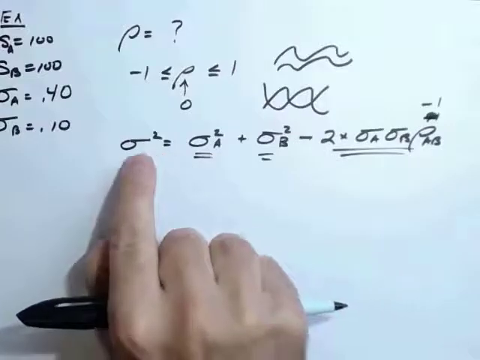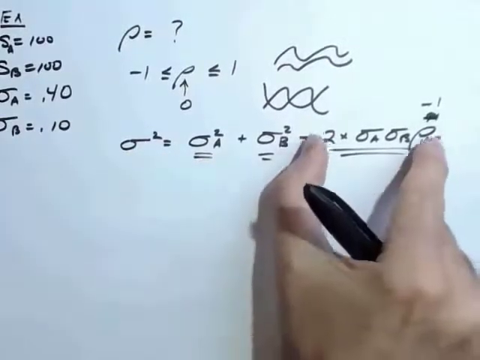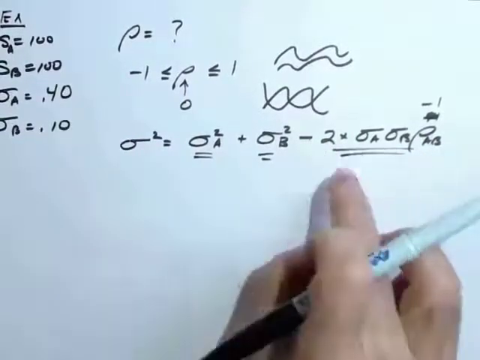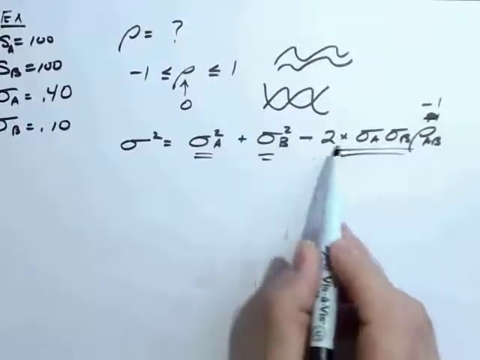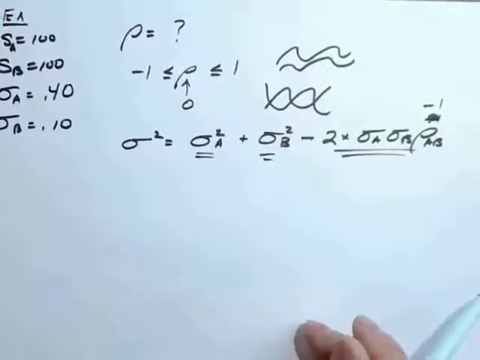So your variance for the overall combination of A and B would be this plus this term. Because you would get no benefits of diversification from a correlation of -1. You'd be adding all three numbers together. So that's a little bit of background on portfolio theory.